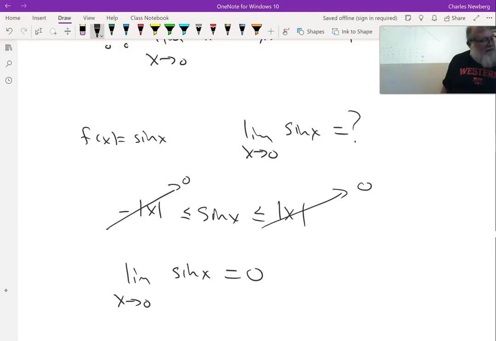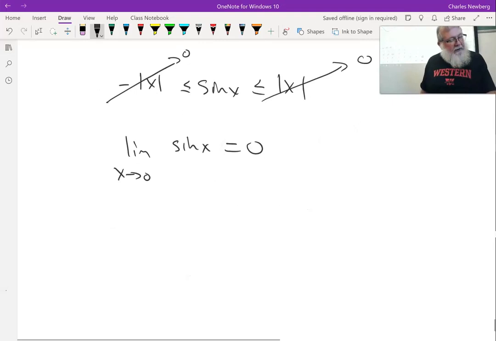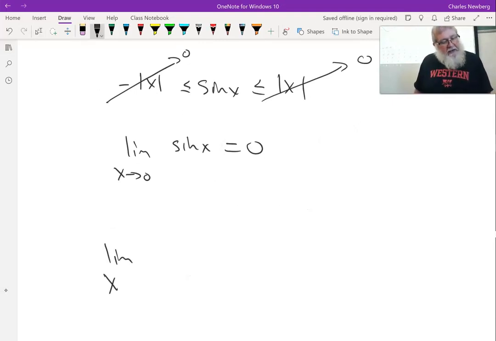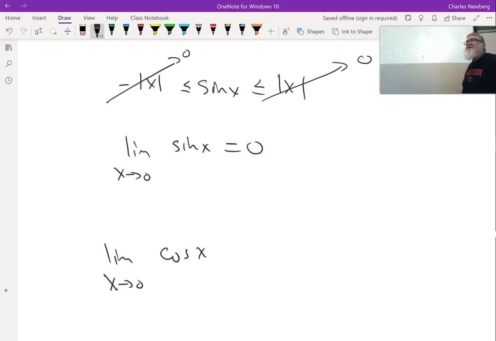All right, so let's take an example of one more here. The limit as x approaches 0 of cosine of x. Oops, sorry. If I ever forget to turn it back over, please let me know. All right. Now, your gut instinct says it probably should be 1, right?